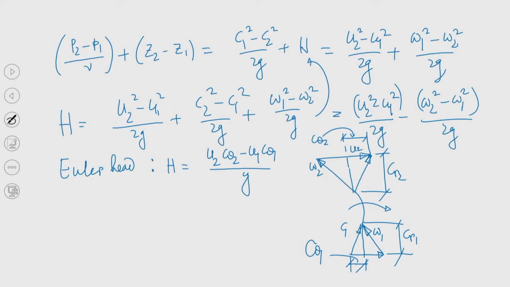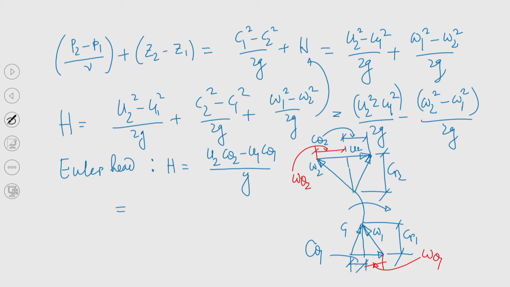Now, just by looking at these two triangles we can write what c theta 2 is. So, if I now use another color, say red, this component is w theta 2, and this is w theta 1.